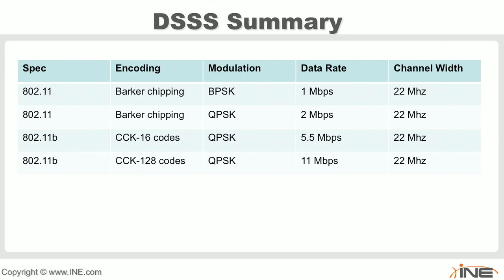Just taking a look at what we've looked at so far, we have various modulation and various encoding. Whenever you look at a new specification, or go back and look at all the existing specifications, you're going to see that for any given specification there were changes in speeds, and that was due to changing the modulation or encoding, or potentially both.